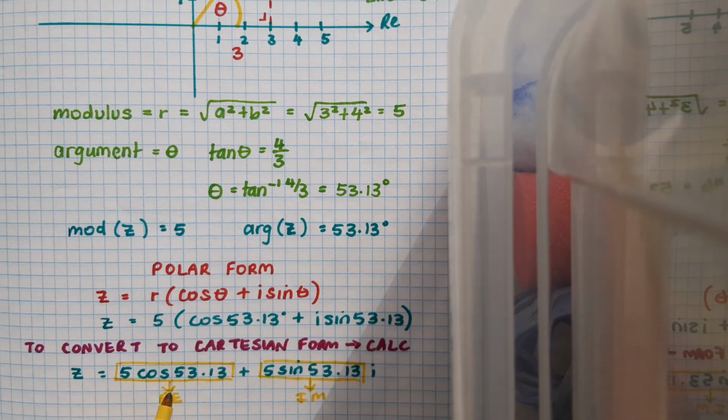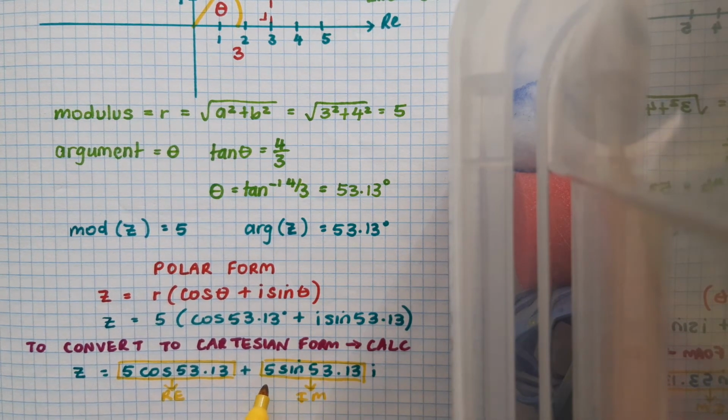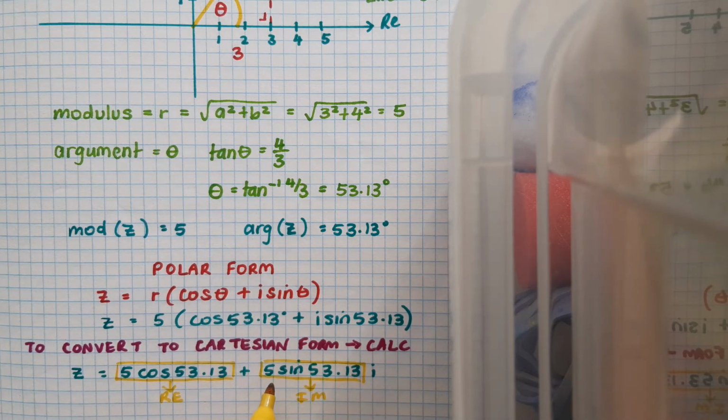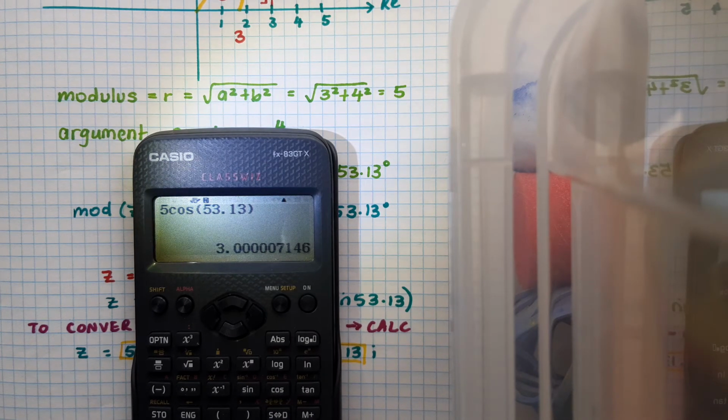And then separately, I've got 5 times i sin 53.13, which I've written like this with the i at the end, because this part here that I've boxed off in yellow is the bit that you can type into the calculator. So you can see here when I type in 5 cos 53.13, I get 3.00007146. And the reason it isn't exactly the 3 is because earlier on I rounded off my angle when I was calculating using tan inverse. So just to point that out.